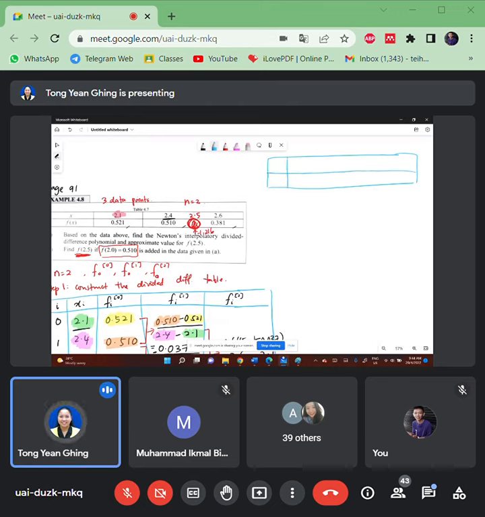So now it's become x, fx. So now add another value, start from 2.0. The value of y is 0.1510.